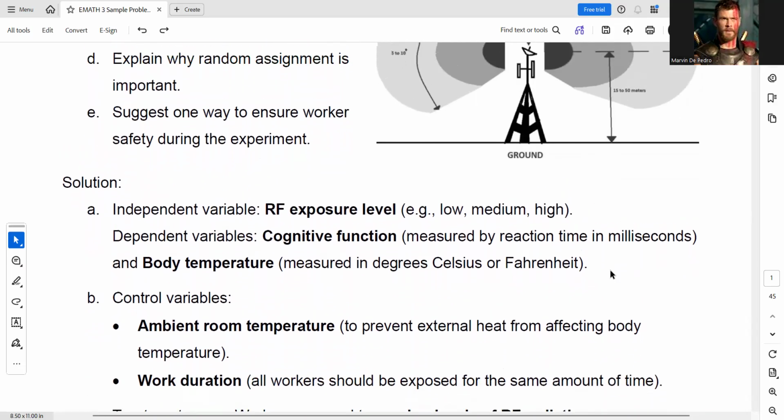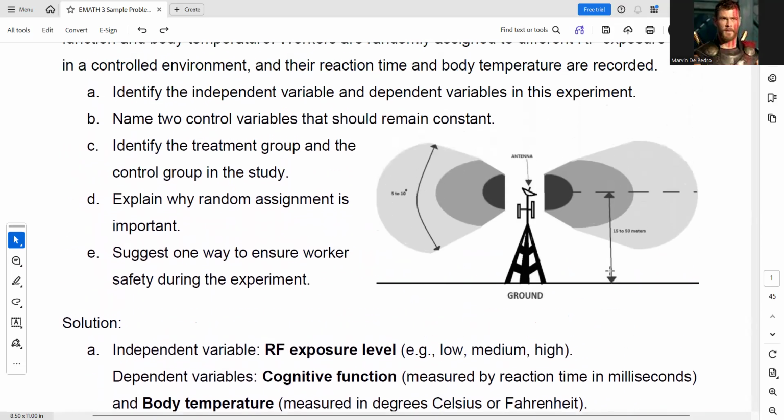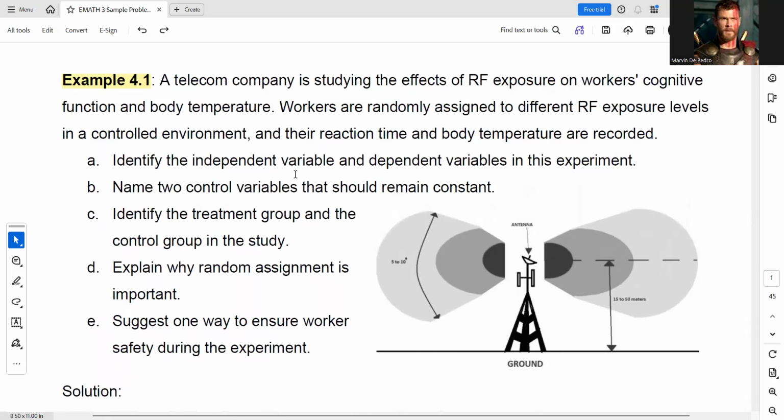Another is work duration. Since we are talking about people at work here, they are exposed to RF radiation. So exposure is also determined by duration of exposure, duration of work. Workers that have been exposed for too long might experience worse consequences compared to those with a shorter exposure period.